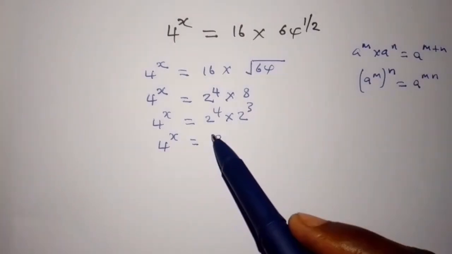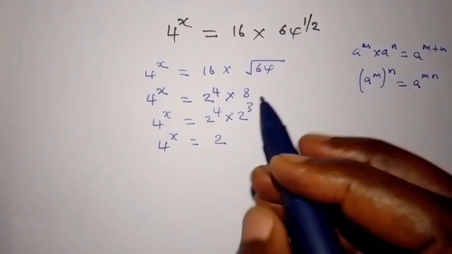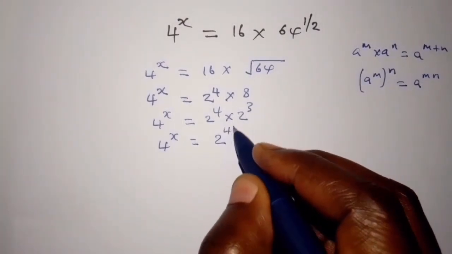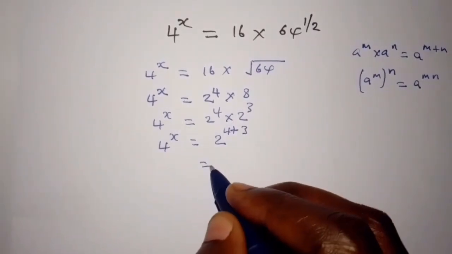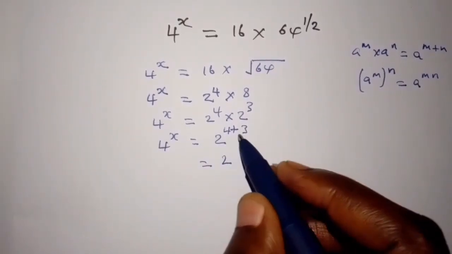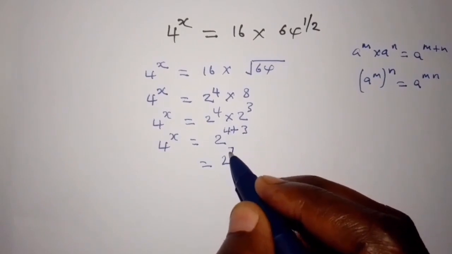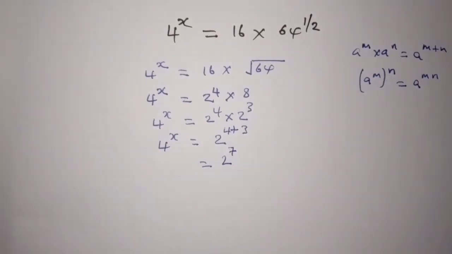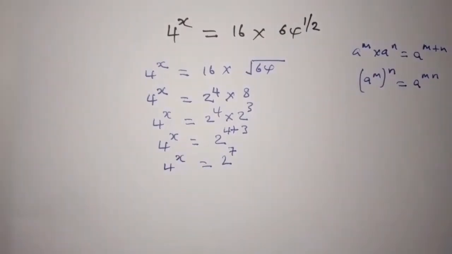So 2 power 4 times 2 power 3 is equal to 2 power 4 plus 3, which is equal to 2 power 7. So 4 power x is equal to 2 power 7.